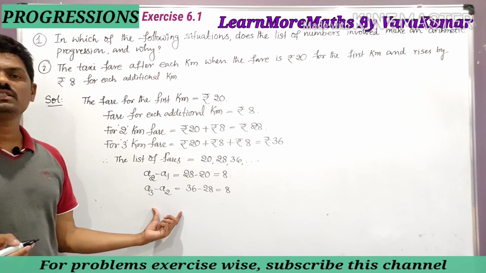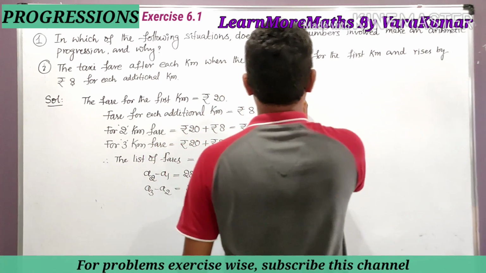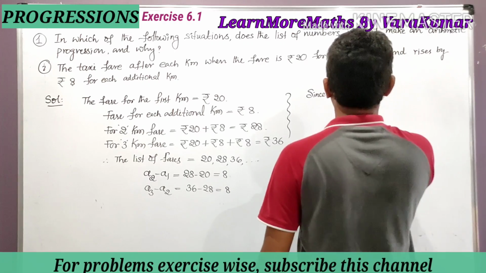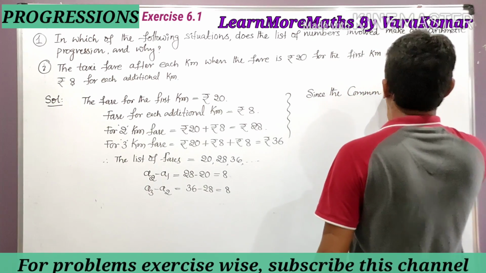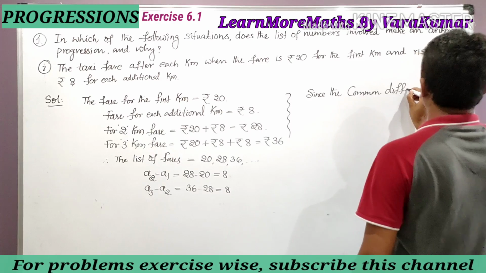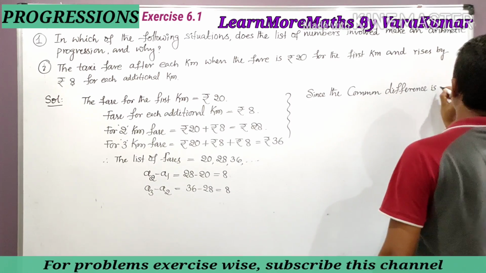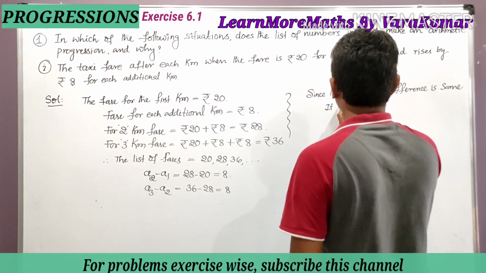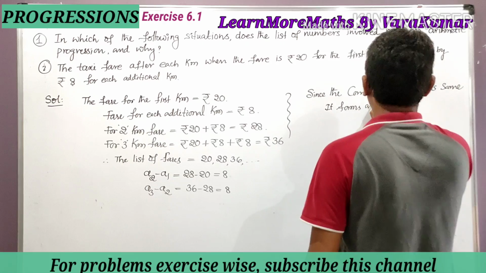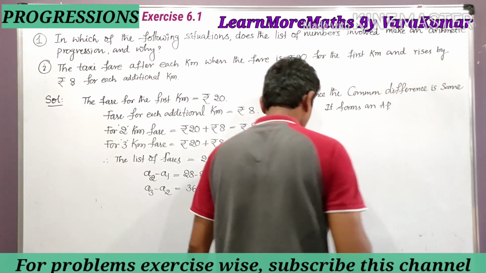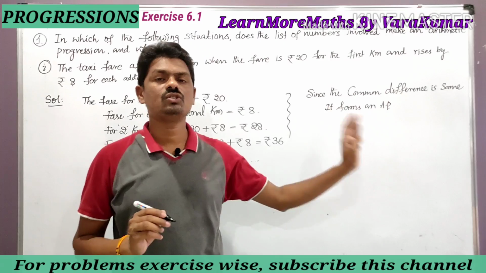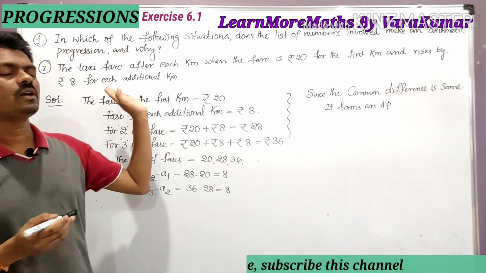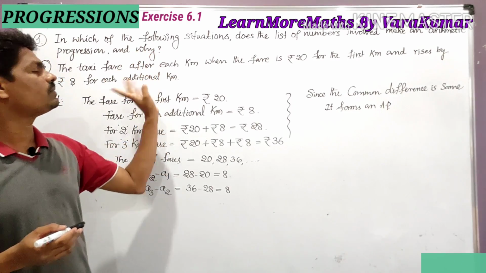Since the common difference is the same, the given situation forms an arithmetic progression. So this is the first bit in exercise 6.1 first problem, first bit student.